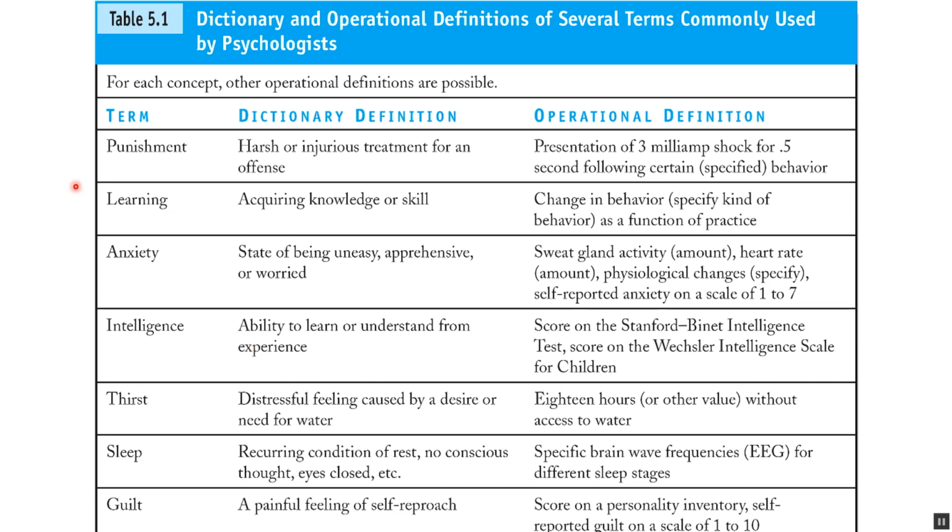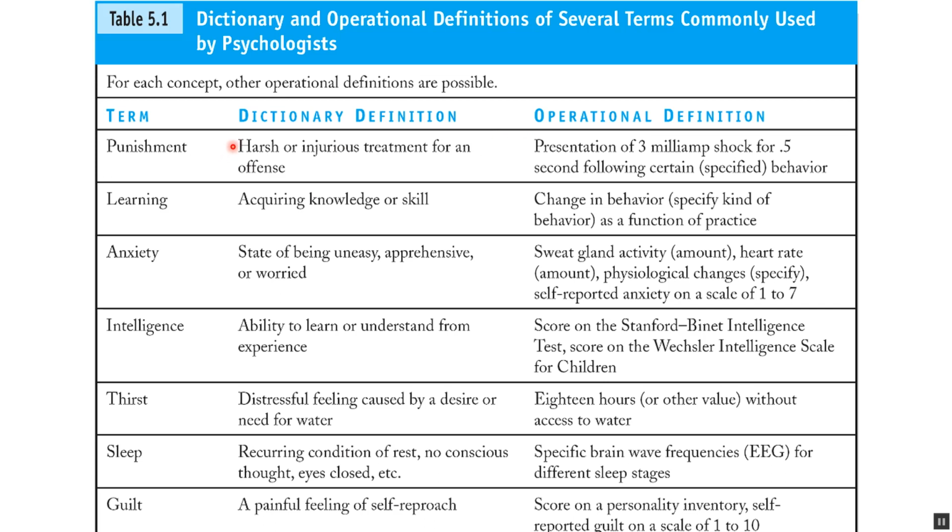To think about operational definitions as a psychologist, you need to go beyond their normal everyday definitions and think about their presence in an experiment. And so this table talks about different concepts: punishment, learning, anxiety, and presents us with the typical everyday dictionary definition and an operational definition from an experiment.